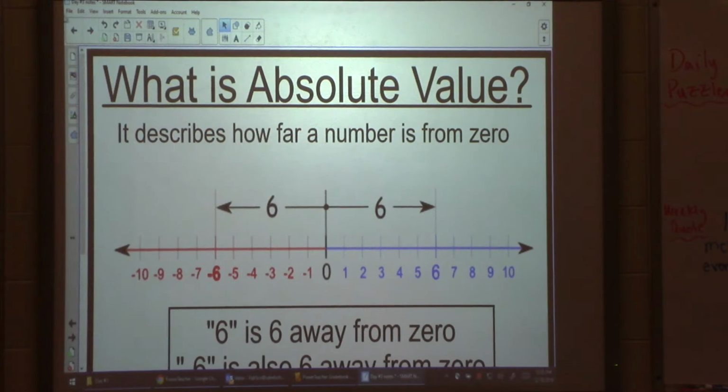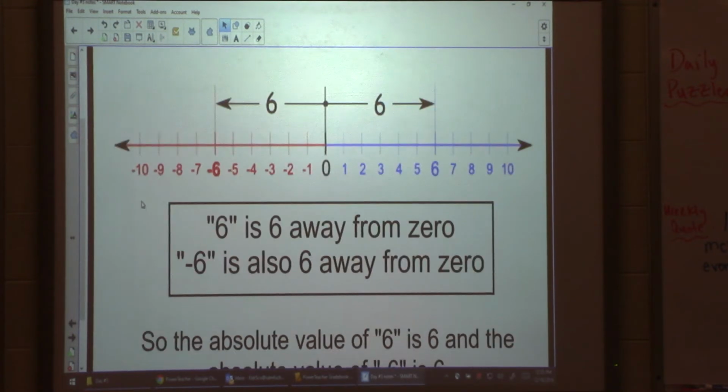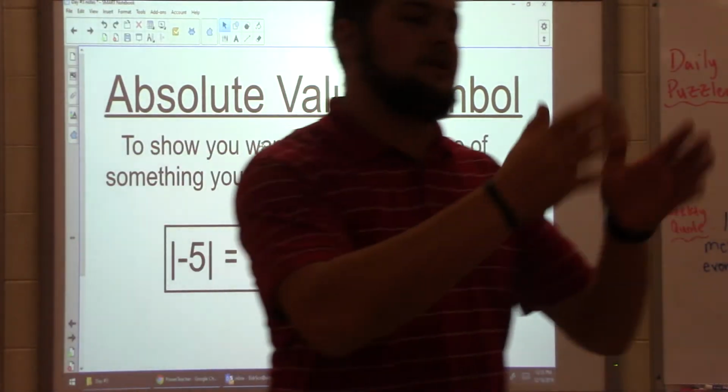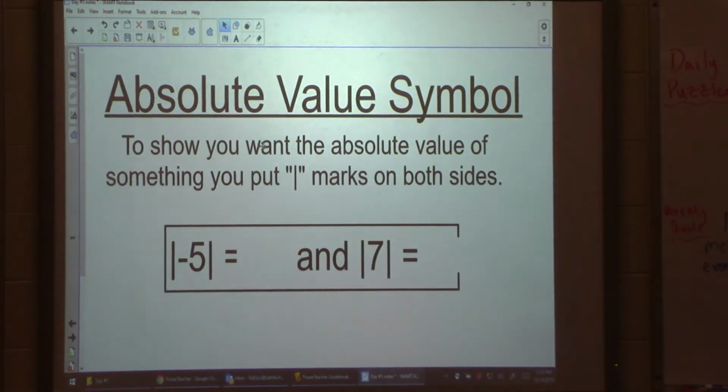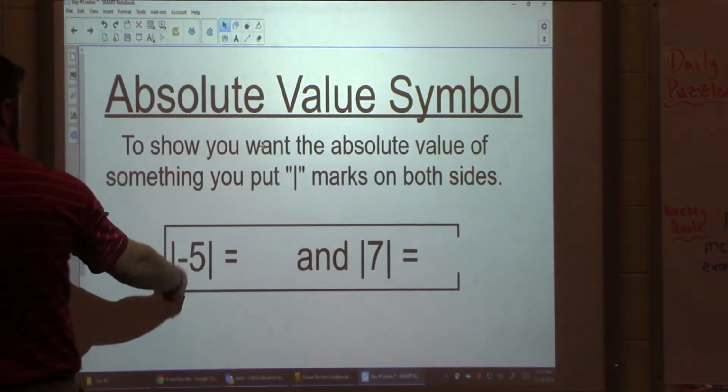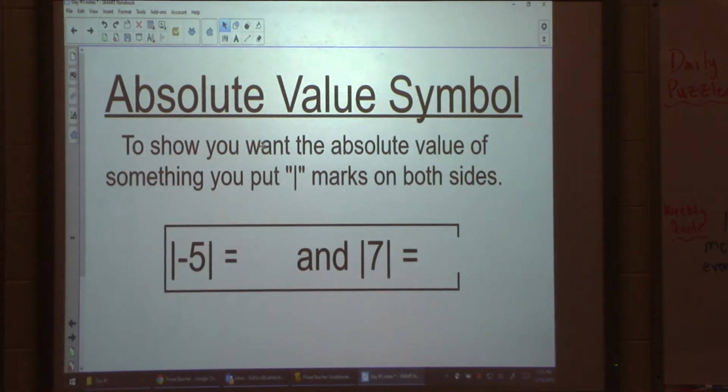So, I think that's it for that slide. Yeah. The absolute value symbol. Absolute values, as you should know already, are just basically two lines around a number or an expression. They're not parentheses, they're not brackets. They just look like two lines. The absolute value of negative 5, I have lines on either side.